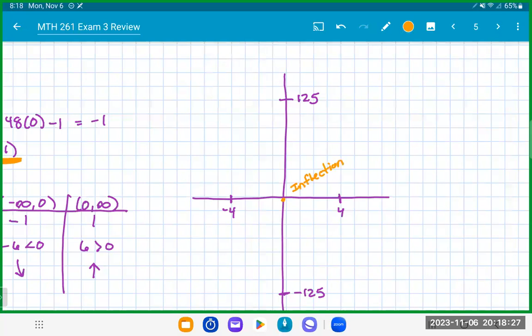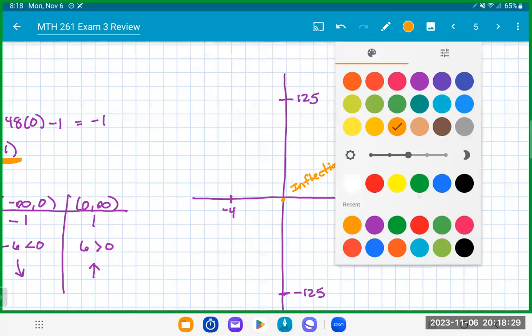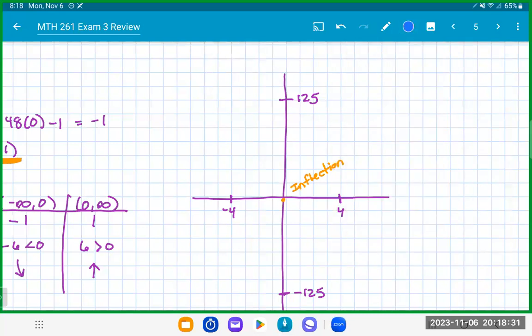Okay, let's put our maximum and minimum on here as well. We had the maximum at (-4, 127). So here's 125, so 127 would just be right above that. This is our maximum. And we would have had a minimum at (4, -129), so maybe somewhere around here. That will be our minimum.